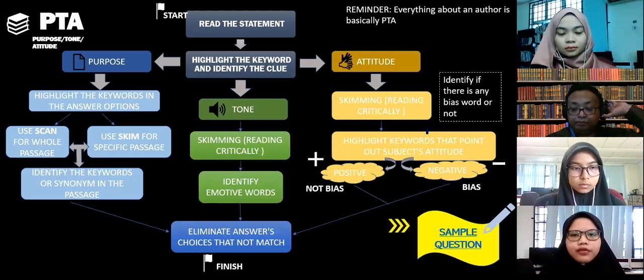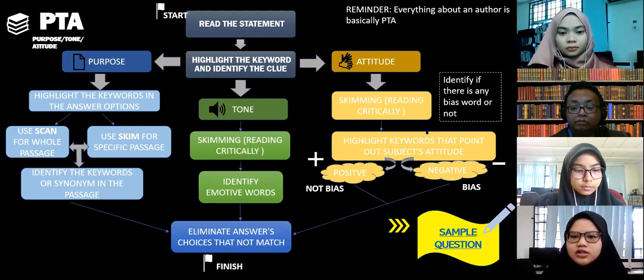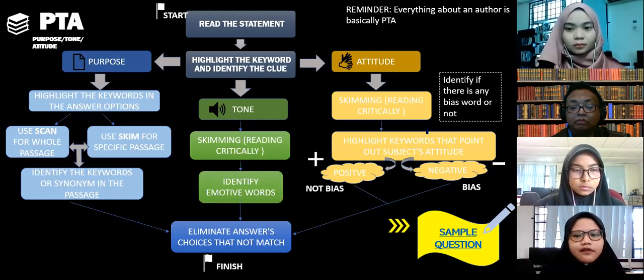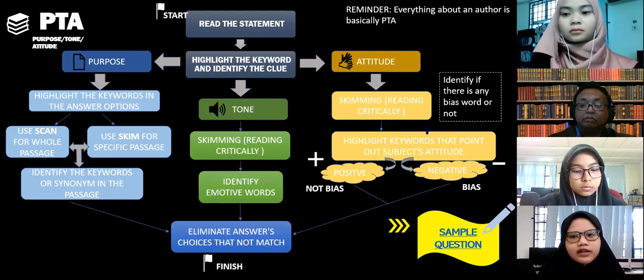Attitude can be either one, positive or negative. So it is important because you have to match with the answer options. If the attitude in the passage is positive, you need to find the answer in the answer options that is positive too, and you need to do the matching. But if it's a negative one, you need to find a negative option.